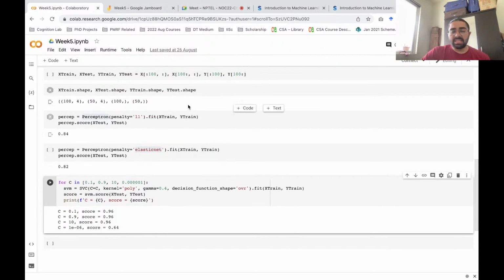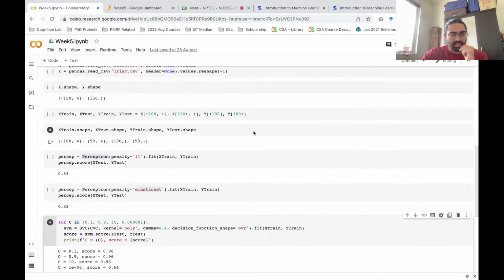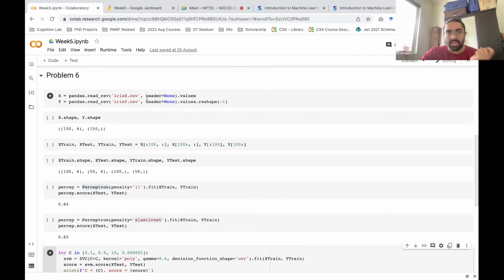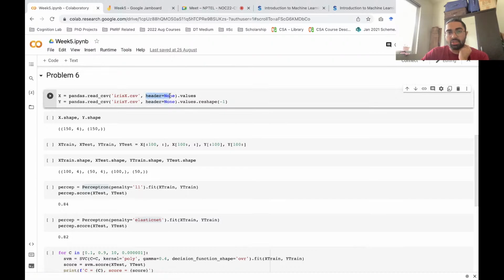Okay, there was one code example mentioned in the forum where they were getting different values, and that was because they didn't use header equal to none. Pandas by default chooses the first row as the header, but here there are no headers.